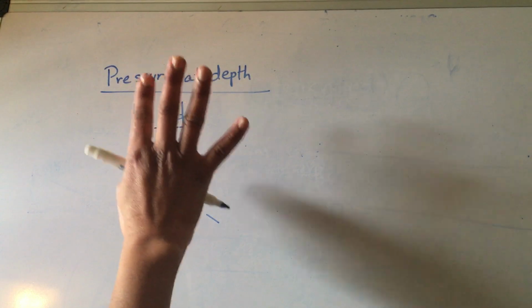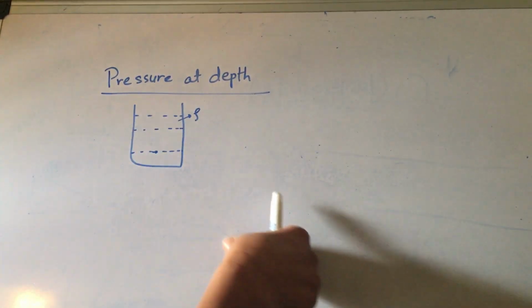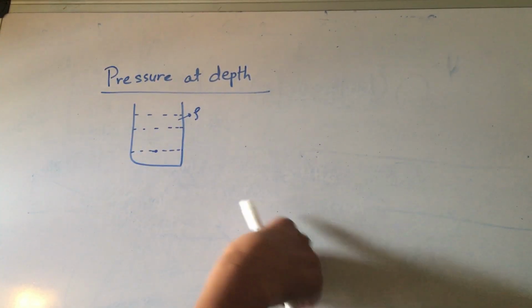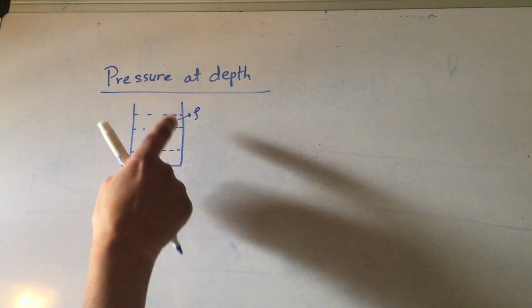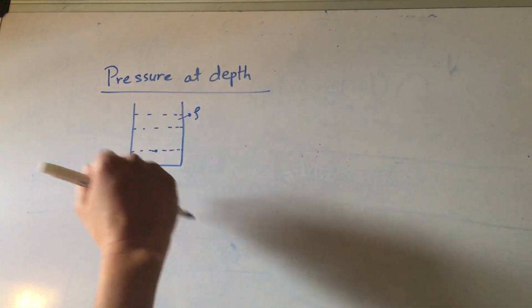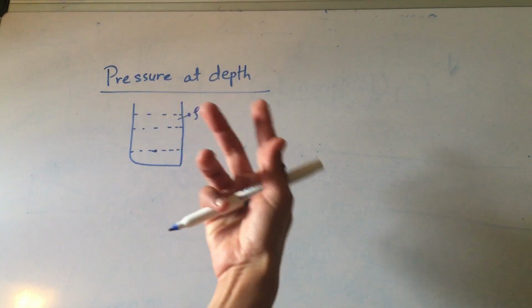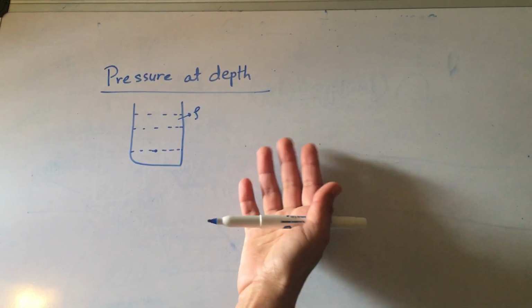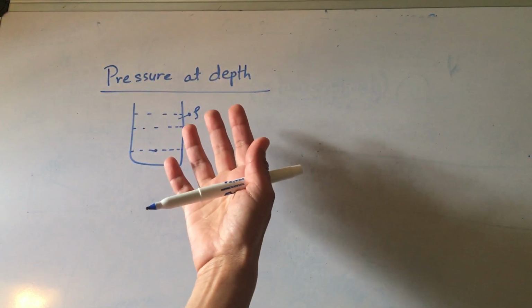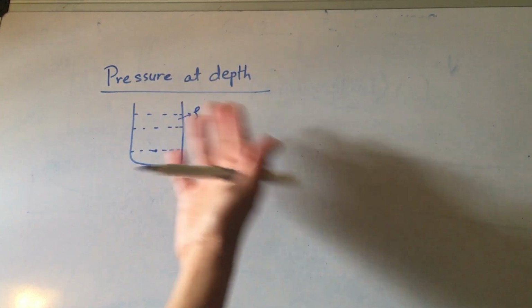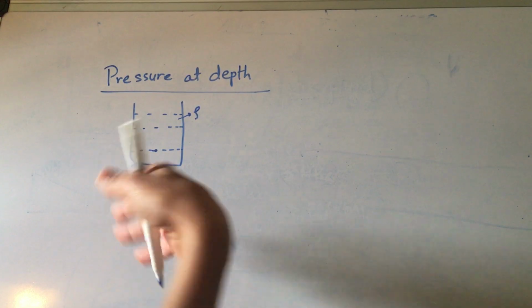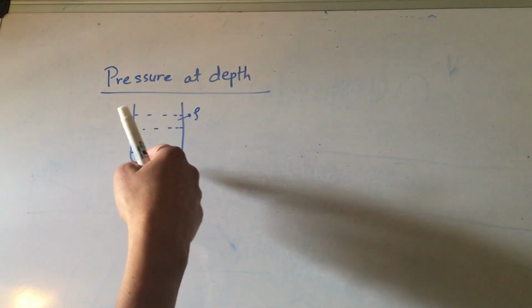It's not moving, so this is a case of a hydrostatic fluid. Then we are going to apply Newton's second law and find the net force. By doing that we'll eventually come to the equation where we can find the pressure at depth.